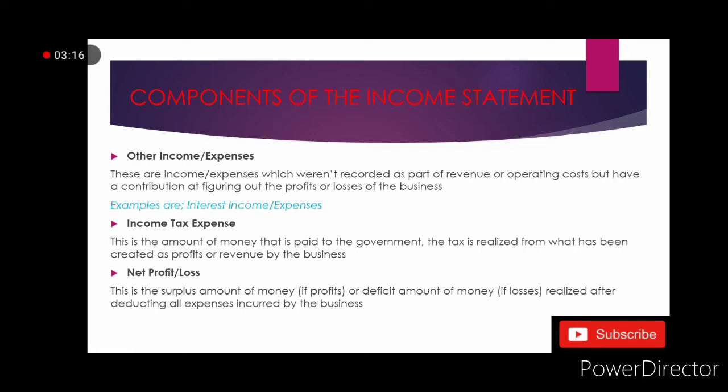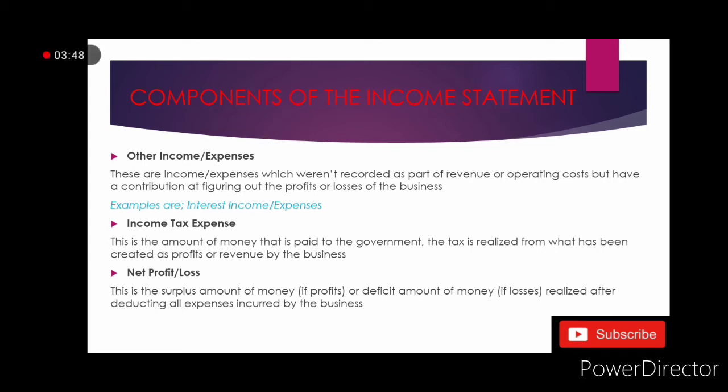And then there is the net profit or loss. This is the surplus amount of money if profit, or deficit amount of money if loss, realized after deducting all expenses incurred by the business. After the business has paid out all of its expenses with all of the revenue it's had, the bottom line figure, the figure that remains, if there is still any surplus, is a net profit.